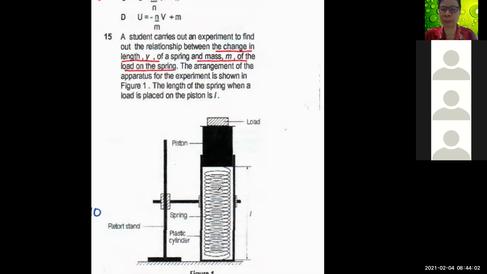It will compress the spring. So the more load you put, the change in the length becomes bigger. The length becomes shorter, so the change is bigger. There is a relationship. For example, maybe you start by putting 0.5 kilo, you see what is the change in the length. After that, you put 1 kilo, what is the change in the length? That's a very simple experiment.